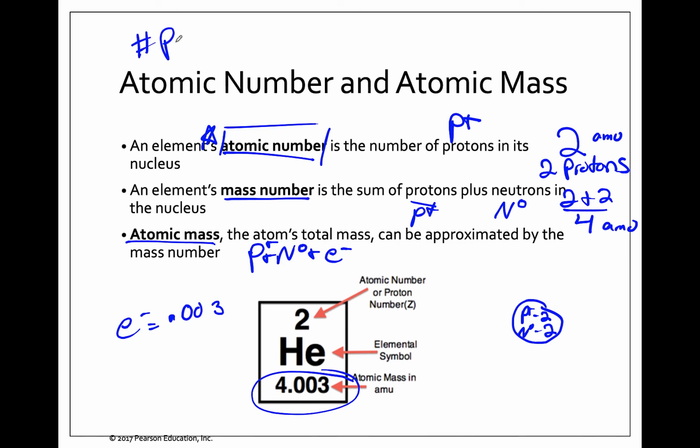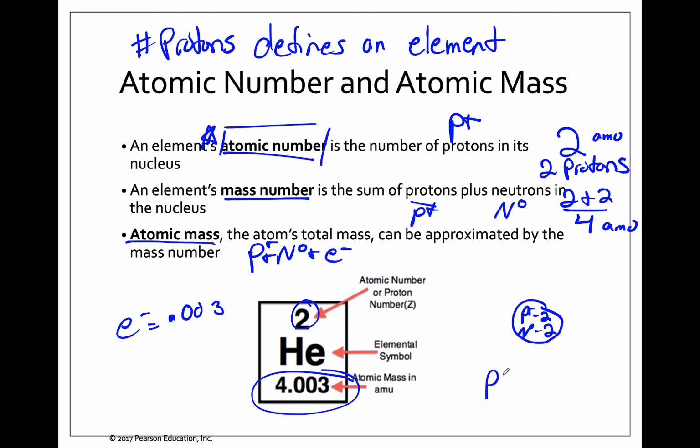The number of protons defines an element. So all helium molecules will have a proton number of 2. If I change the number of protons, I am talking about a different element. So if I'm talking about something that only has protons of 1, that's not helium anymore, that's hydrogen.